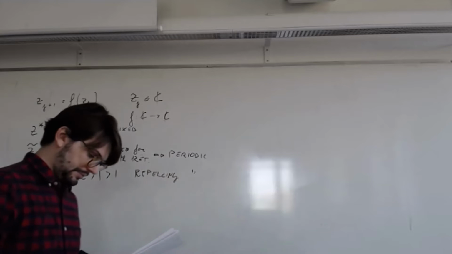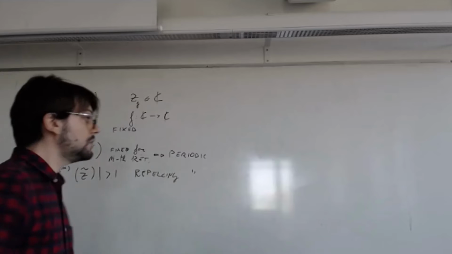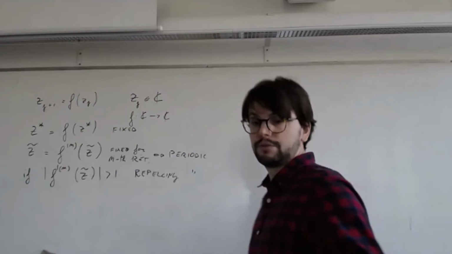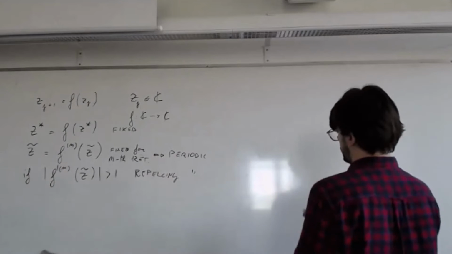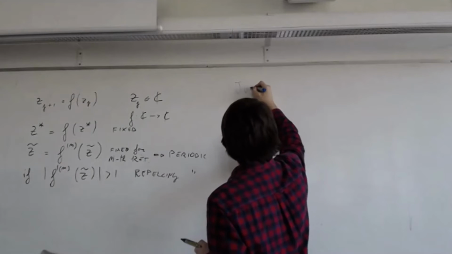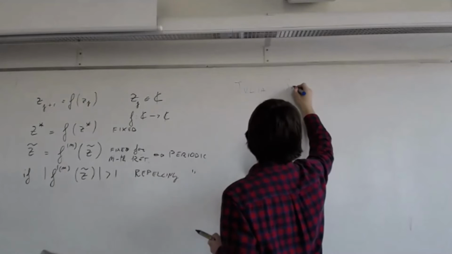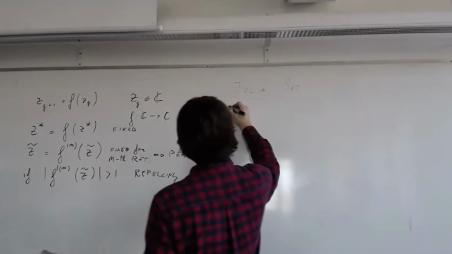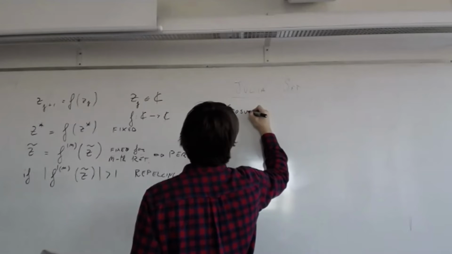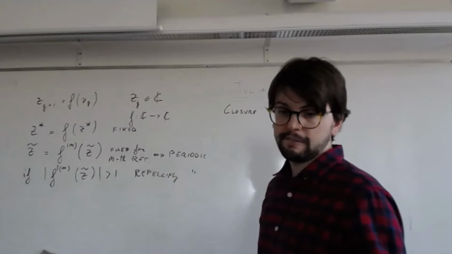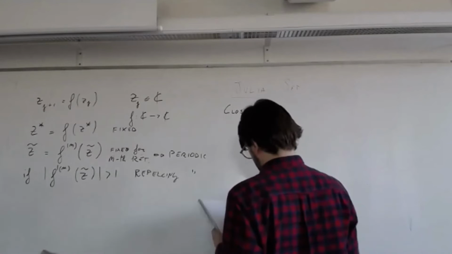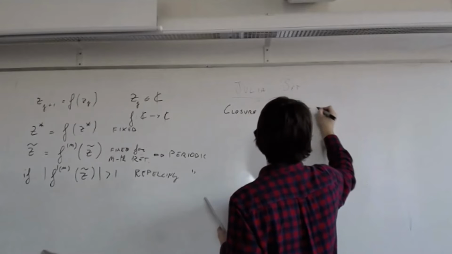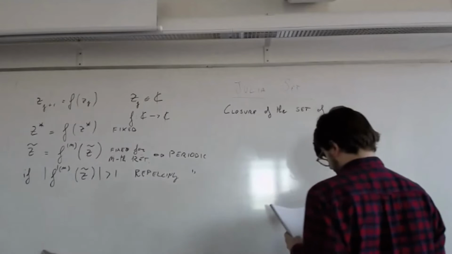Okay? So now the Julia set, let's write it in blue, is the closure of the set of periodic points.